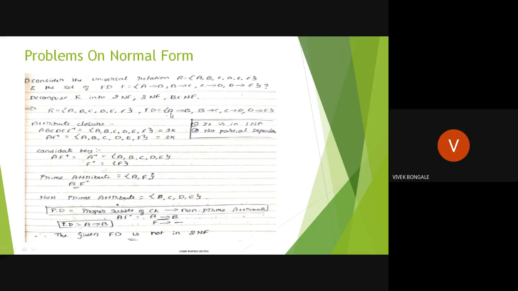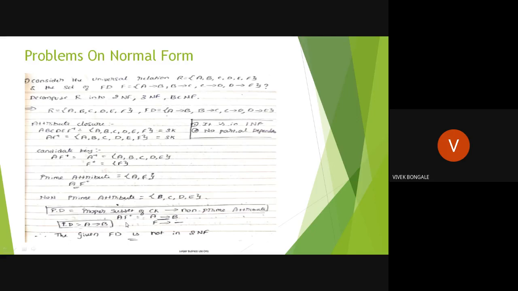So if A determines B and B is a non-prime attribute, then this table is violating second normal form, because A determines B is a partial dependency. It is not a full functional dependency.